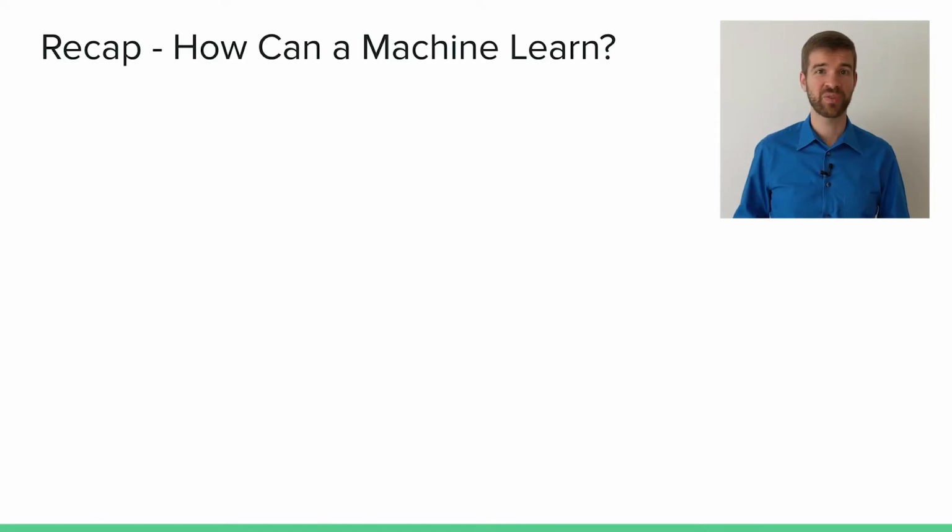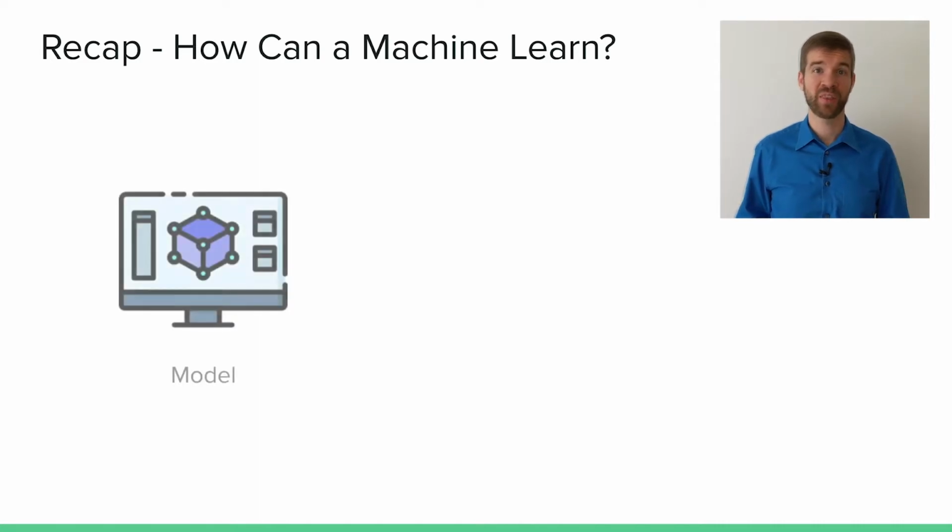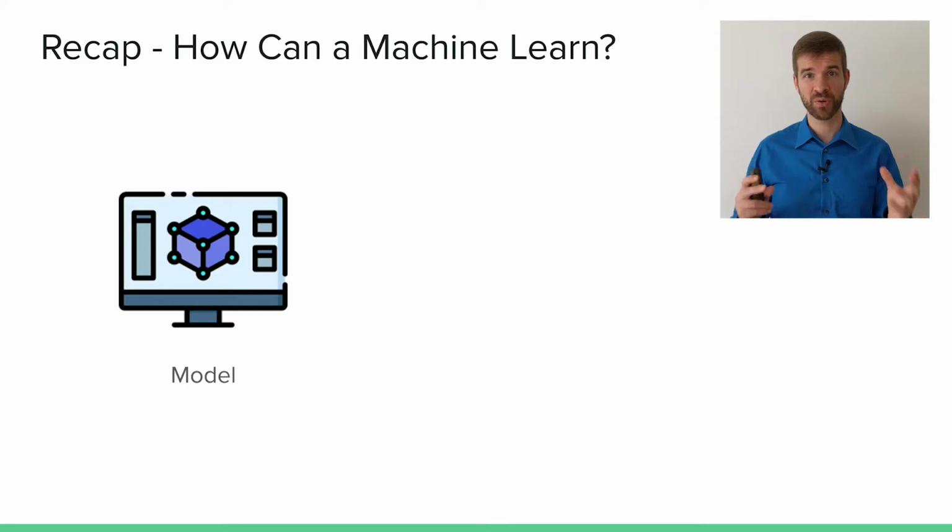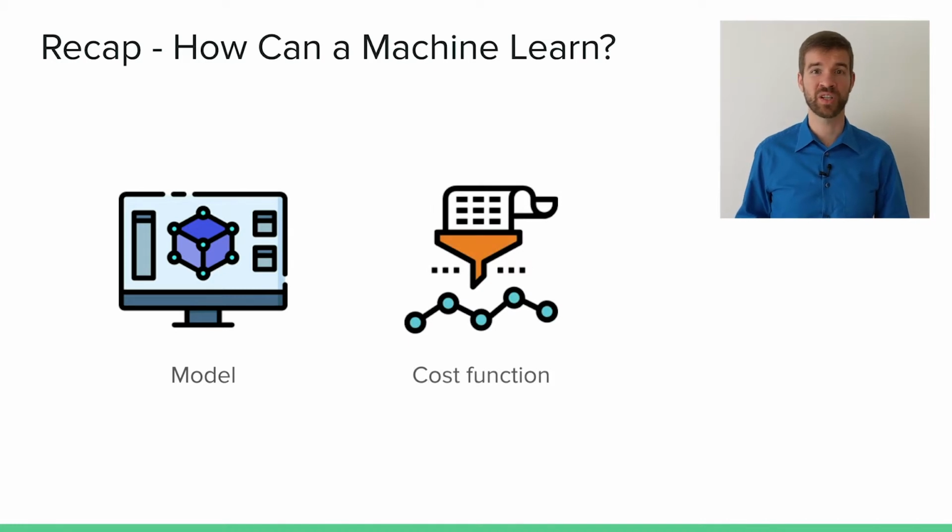I would also like to recap from last week how I presented to you how machines can learn in general. The first ingredient is a model, which is a set of computational rules that take an input, process it, and produce an output. That is the model. The second part that we needed was a cost function, also sometimes called a loss function, where we basically try to answer the question, how good are we doing right now?